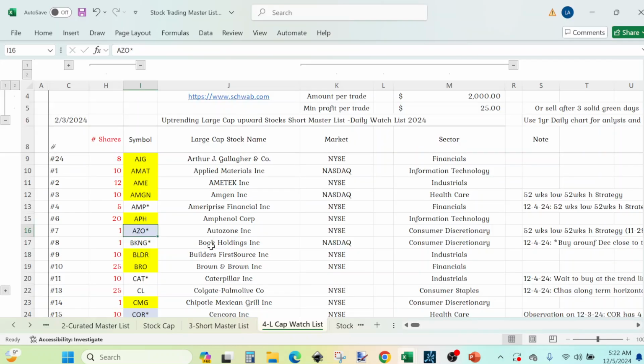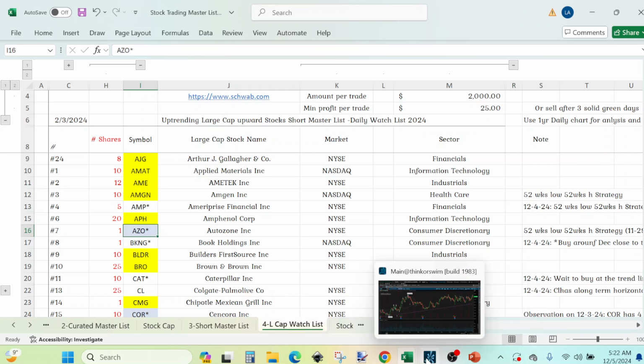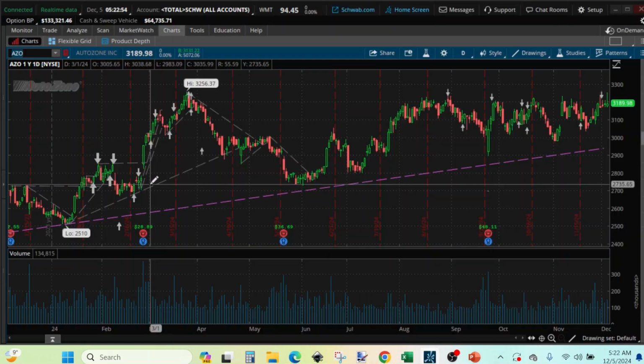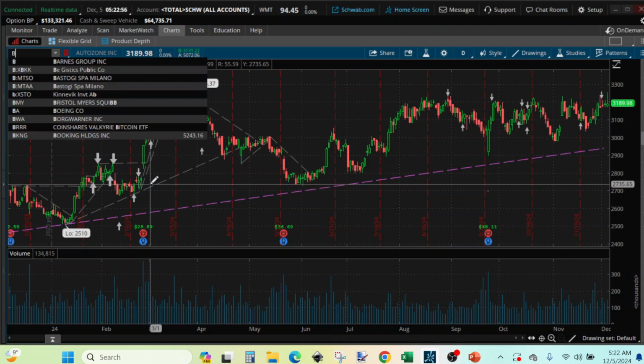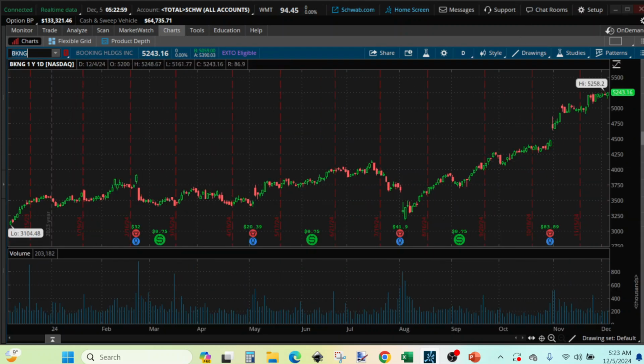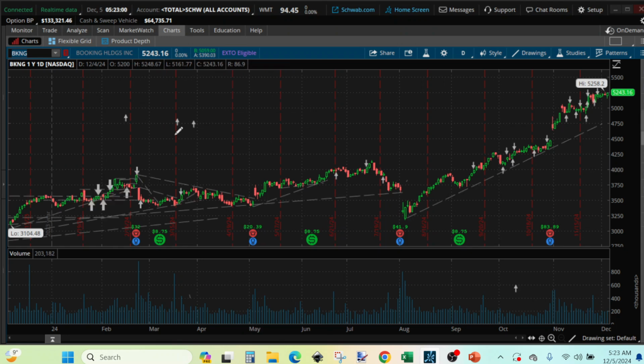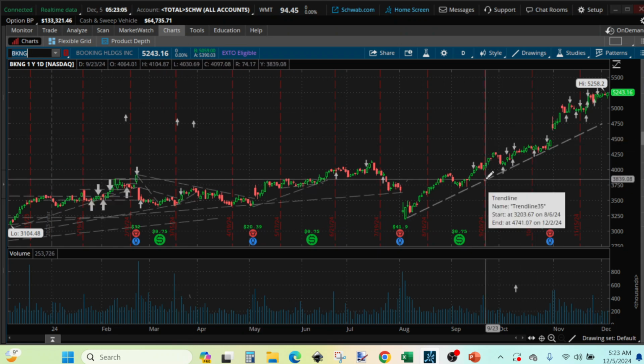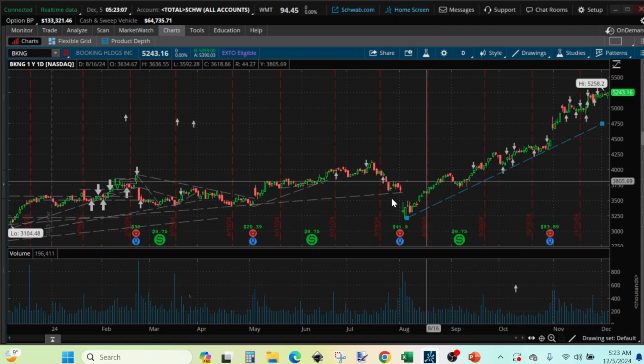So the next one is BKNG, and you can see now that we know the main trend line that we are doing something on. We are not even worrying about where the price is at this moment. Okay, so for this one, we do have this line here that we are following.